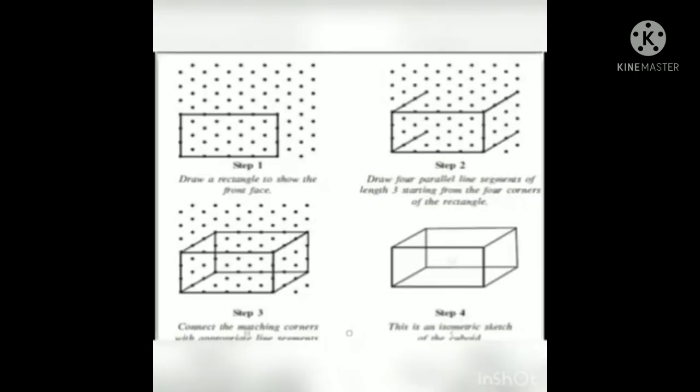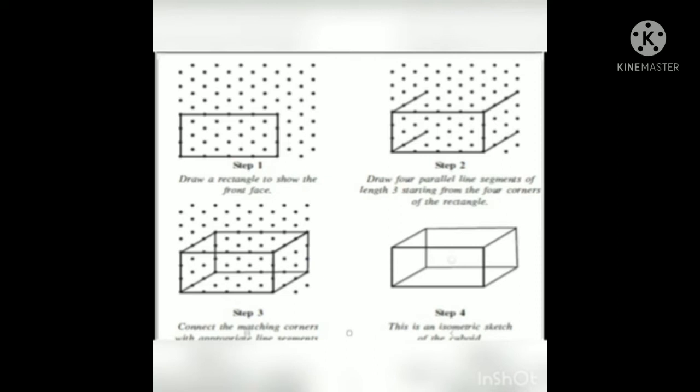First I draw a rectangle here, then draw equal measurements here. 3 units, I took 3 units here, here and here and here. So that is 4 sides. Now joining here and this side, we have got a rough sketch of a cuboid. So these are the 2 sketches.